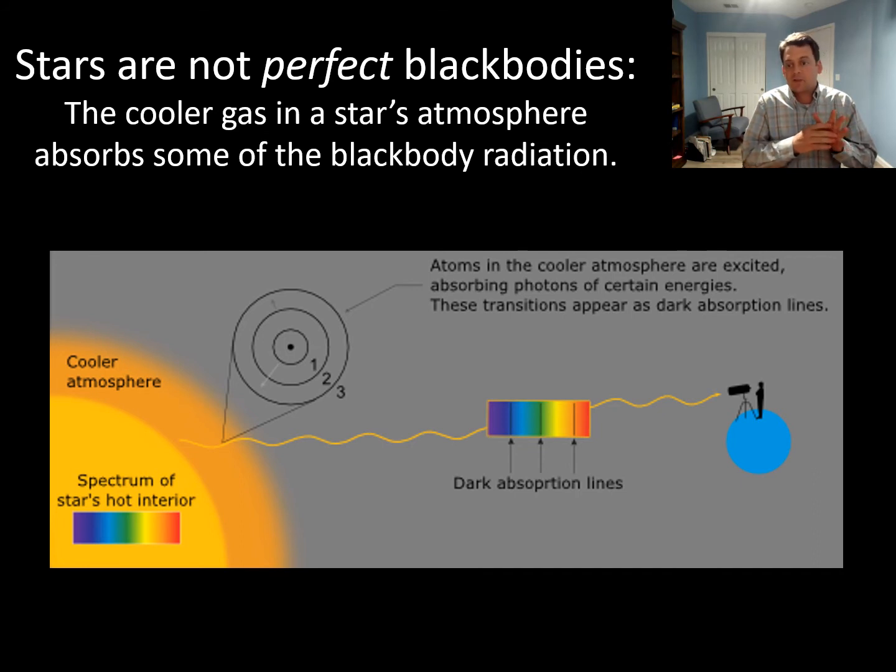But it turns out stars are a little more complicated than that. And the reason is something that I've alluded to before, but now we're going to go into a little bit more detail about, and that is that, as we'll talk about in great detail, the hottest part of a star is the core, and that as you move from the core out towards the surface of a star, you get cooler and cooler.